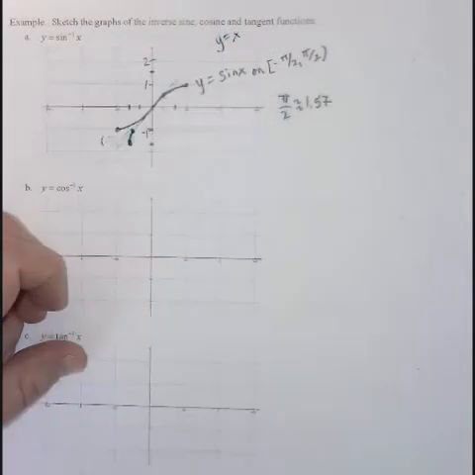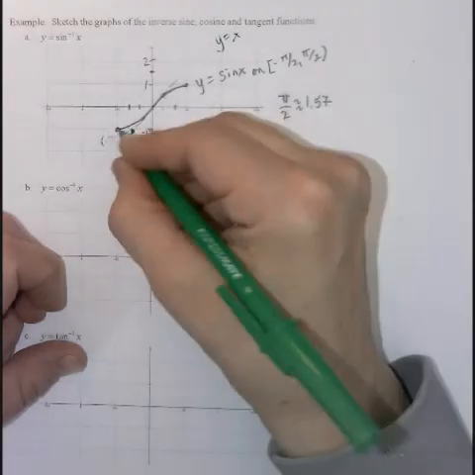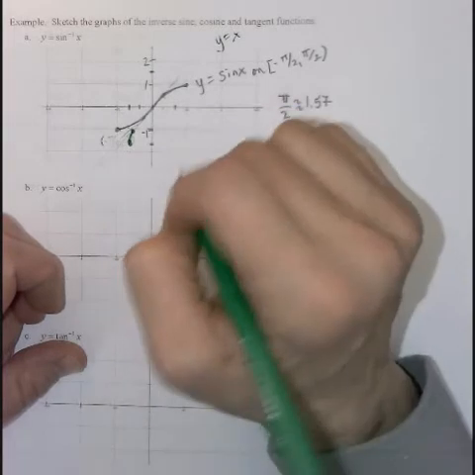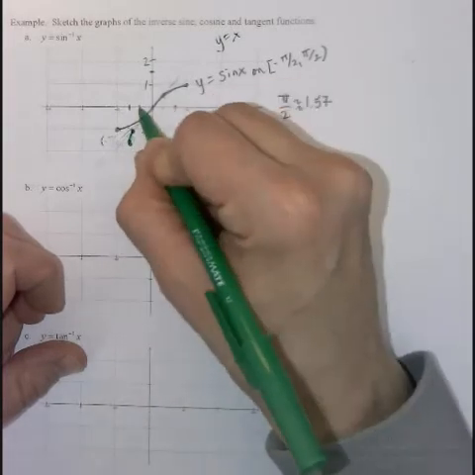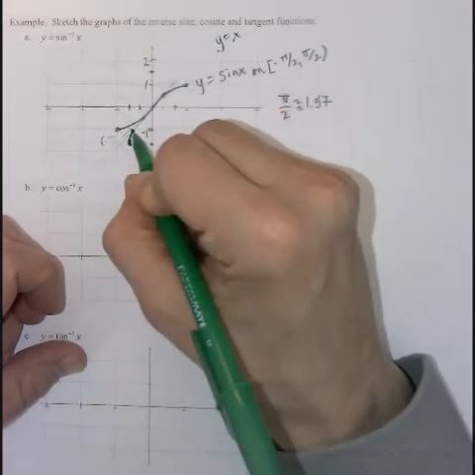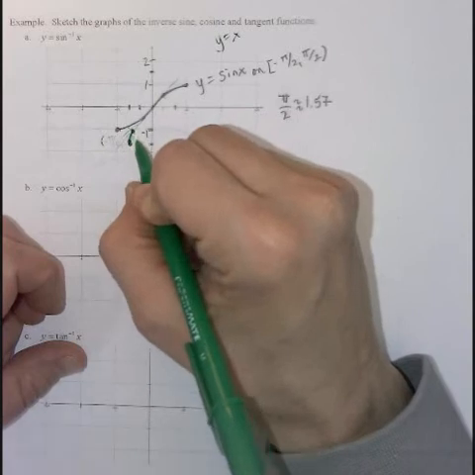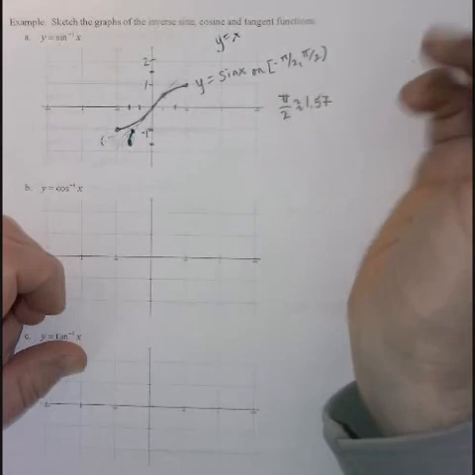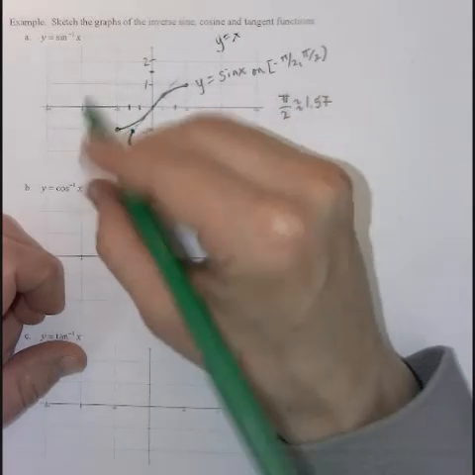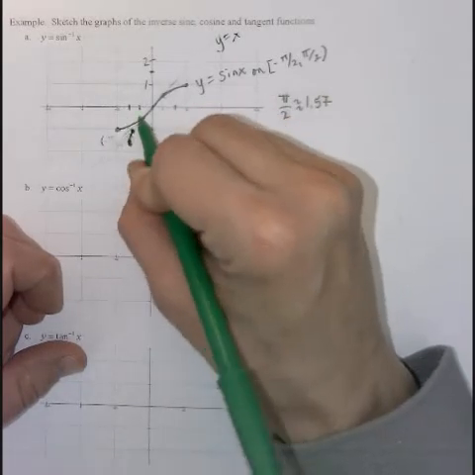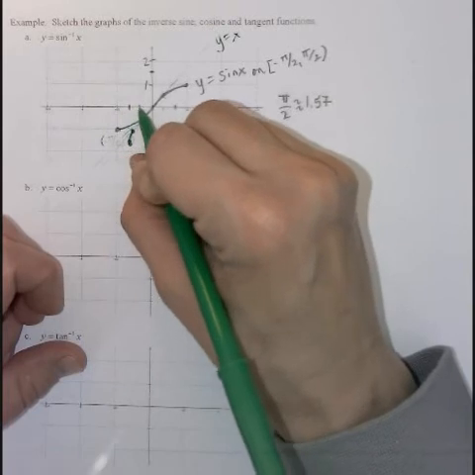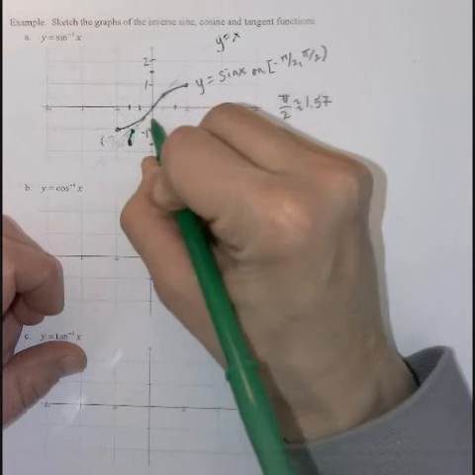I already had that one on there because I had started the video earlier and messed up, so I had to start over. I'm going to try not to have to start over this time. Okay, so at pi over 6, that's about 0.52, we get 1/2 right here.